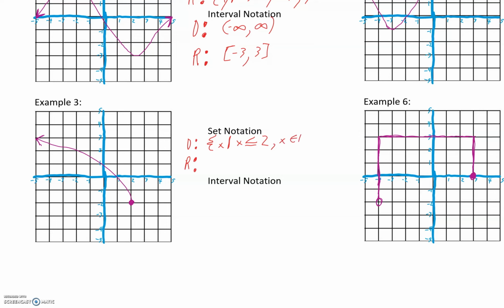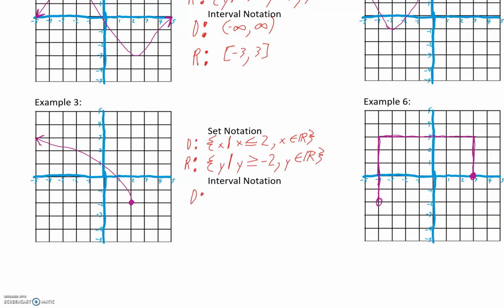X is in the real numbers. So notice there's only one boundary on x, and it's this side. It doesn't go any further to the right, but it does keep going to the left. Okay, and then in the range, it's the same sort of thing, but we say y is greater than or equal to negative 2, where y is an element of the real numbers.